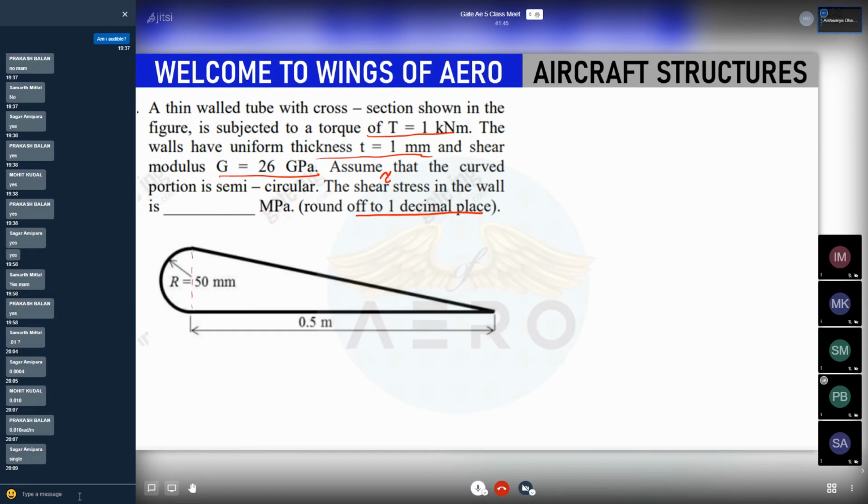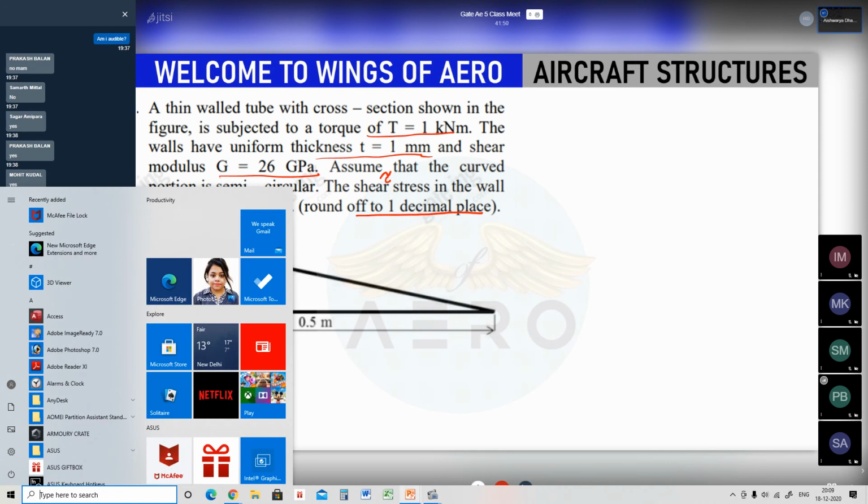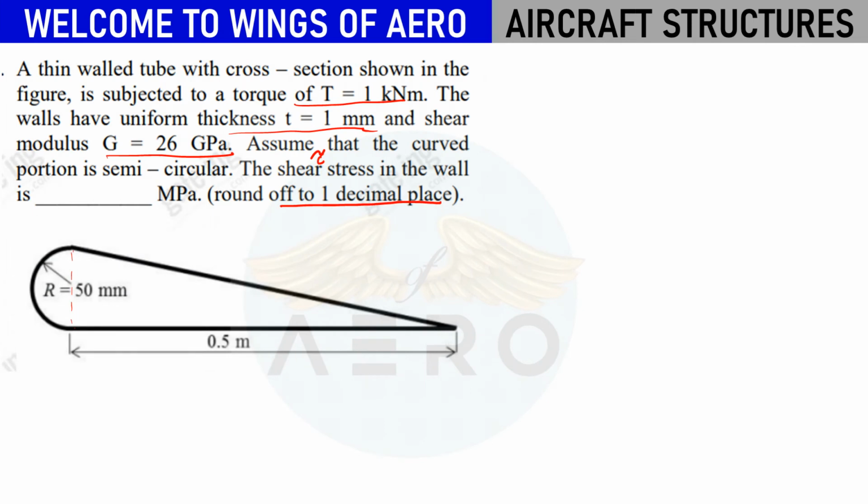Very good. It is a single cell problem. Okay. So in this single cell, the shear flow will be the same in the closed section, right? If I consider from this point, this is one point called A, B and C point, right?